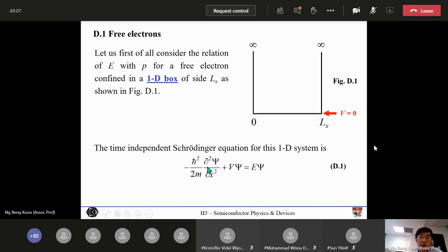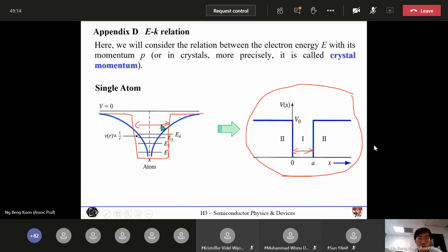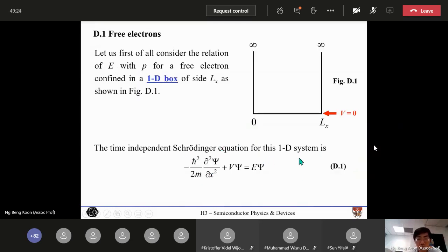If you recall, the Schrödinger equation has a potential energy term that we need to know. That's why we first define the potential energy experienced by the electron, and then approximate it to a simpler form, so that when you put it in the Schrödinger equation, it's easier to solve.